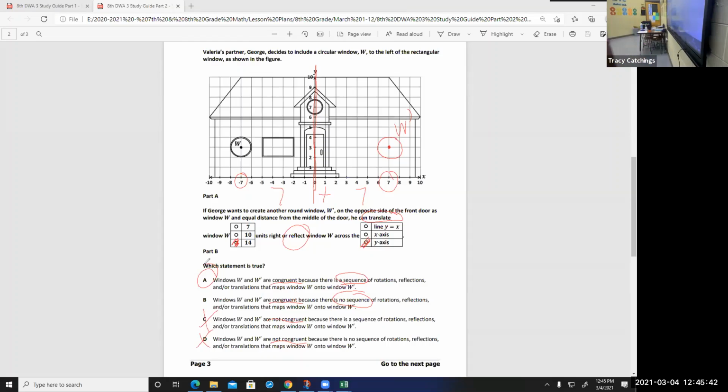So A will be our answer. That is correct. It would be because it did translate. Any questions about it? Everybody got what you need? Okay.